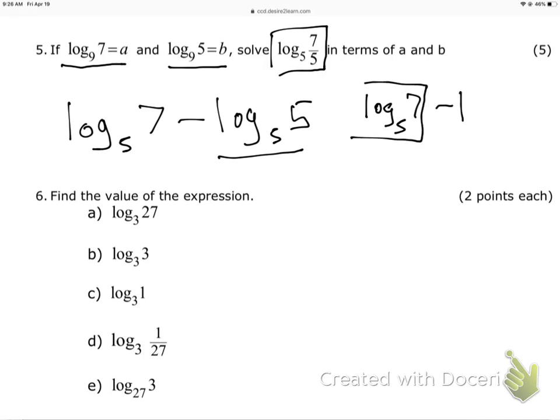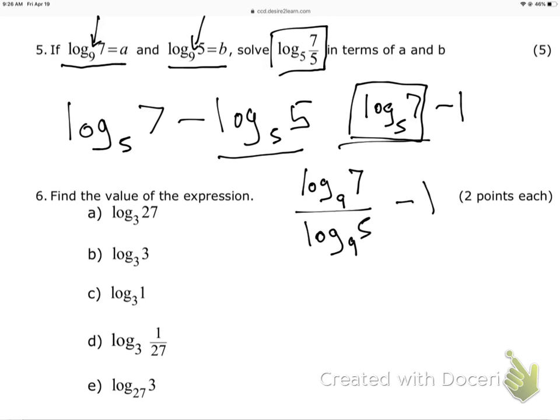So I need to actually do this, and this is the change of base rule. These are actually in base 9, okay? So if I do log to base 9 of the 7 over log to base 9 of the 5 minus 1, okay, that is me splitting that up into logs that I do know.